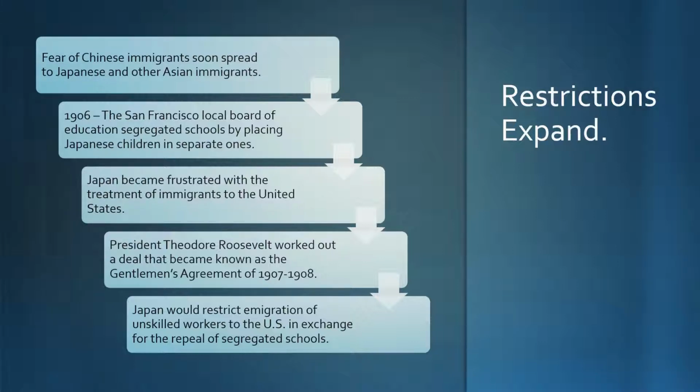So President Theodore Roosevelt worked out a deal that became known as the Gentleman's Agreement of 1907-1908, where Japan would restrict immigration of unskilled workers to the U.S. in exchange for repeal of segregated schools. So Japan agreed that they would send people with higher skills or higher educations to the United States if the U.S. would repeal this segregated school system.